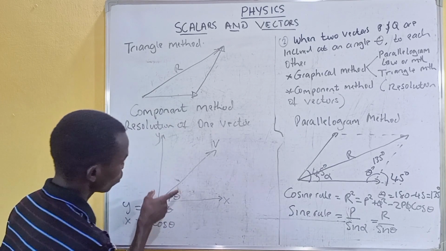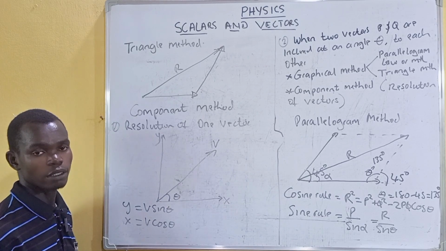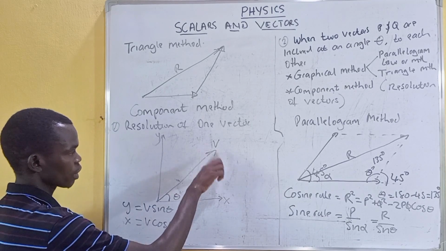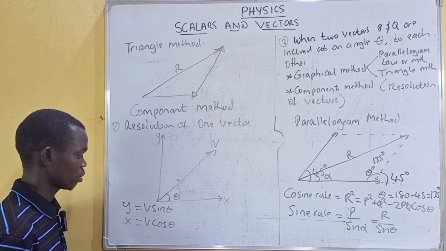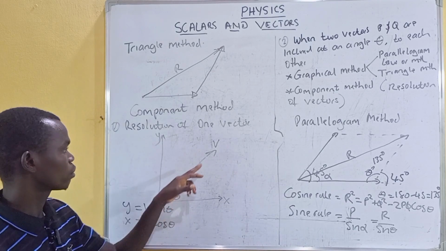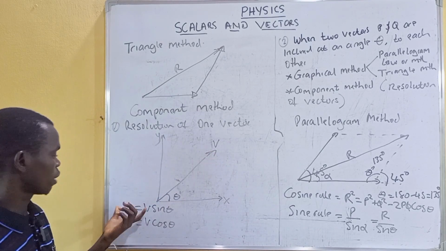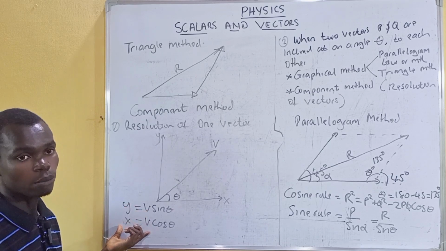Because whenever you are opening an angle, it is resolved as sine, and when you are closing an angle, it is resolved as cosine. So from here, we have our effective value of this vector V in the vertical component and also the horizontal component.